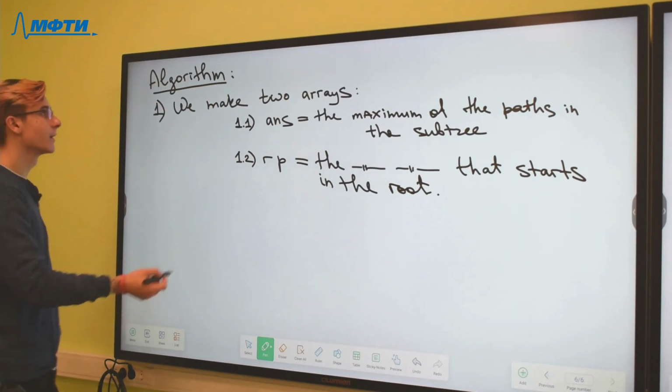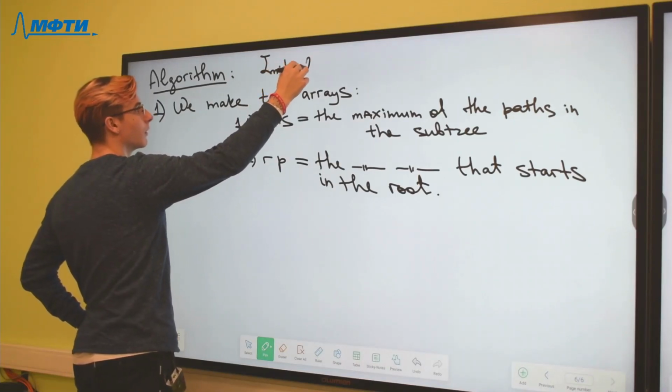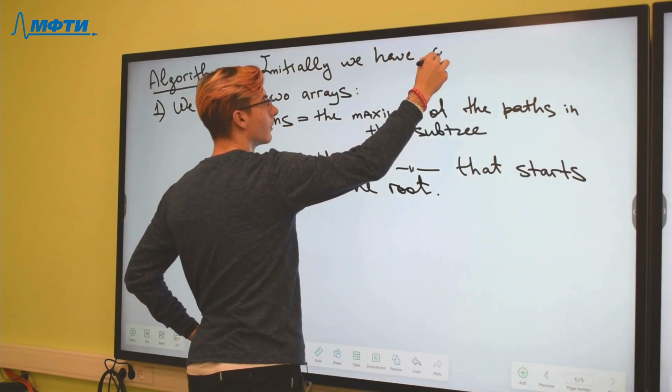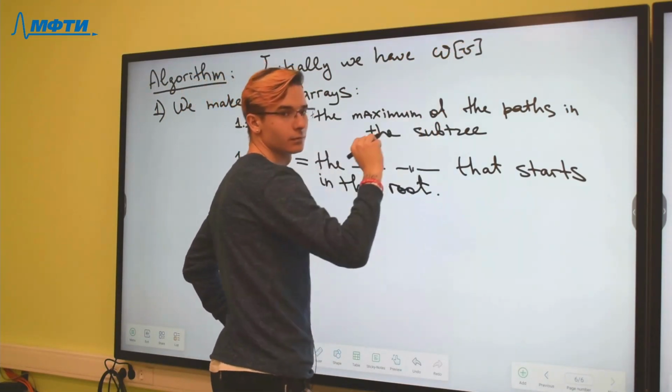And of course, initially we have weights of vertices.